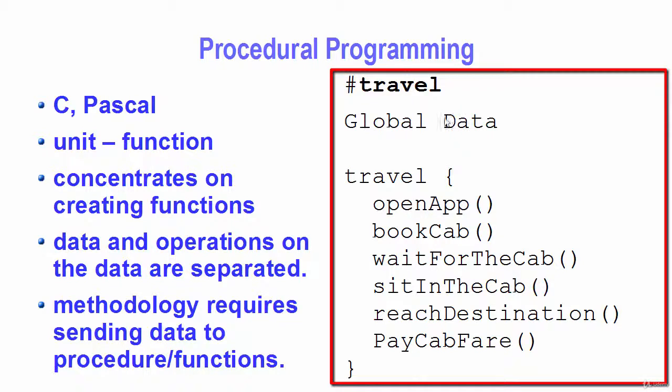So we need to send the data which we have saved globally into these functions, and these functions take this data either as an argument or as a global variable, perform some actions on it, and give you some result.